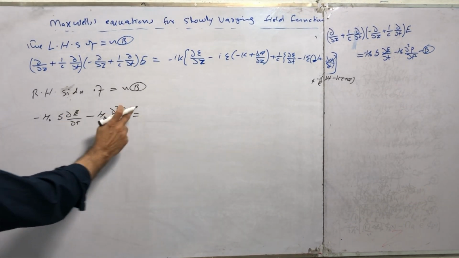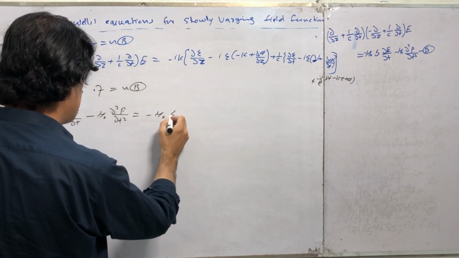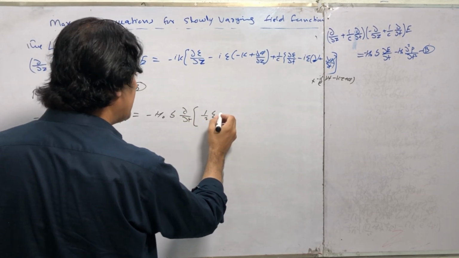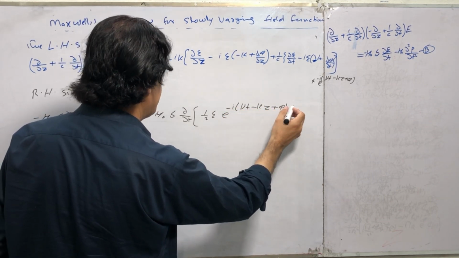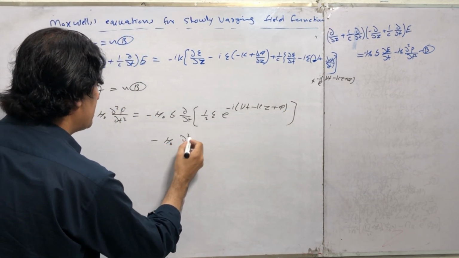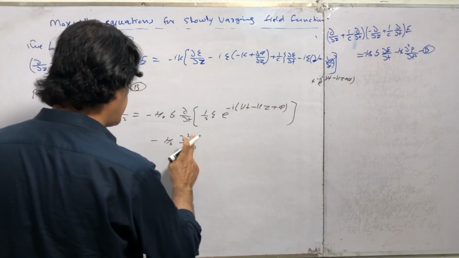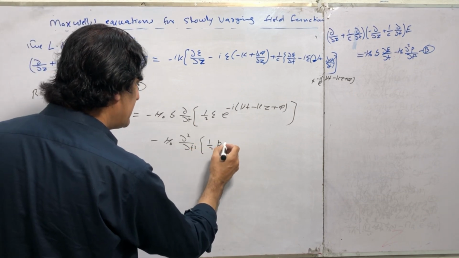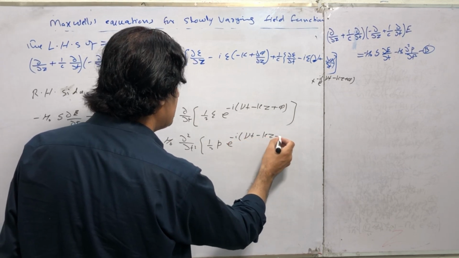And putting the value of e and p here, we get minus mu naught sigma partial divided by partial t of the value of e, 1 over 2 e to the power minus iota nu t minus kz plus phi, this one, minus mu naught partial square divided by partial t square of the value of p, 1 over 2 p e to the power minus iota nu t minus kz plus phi.